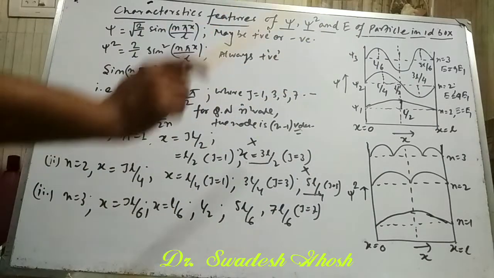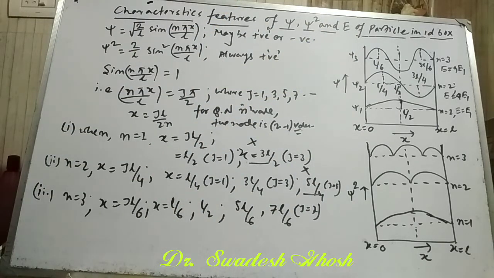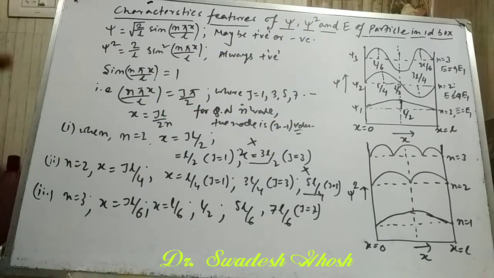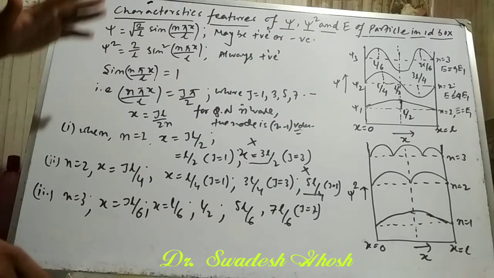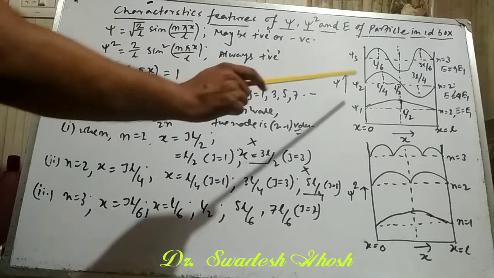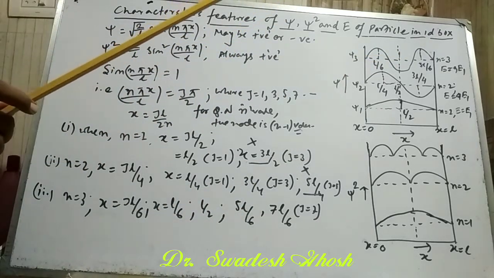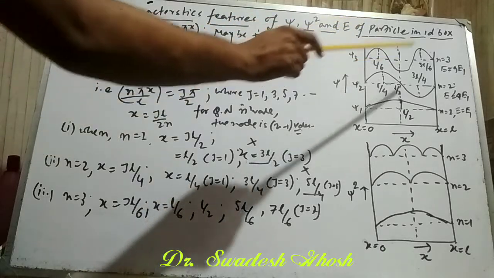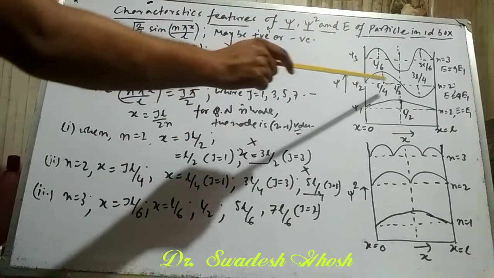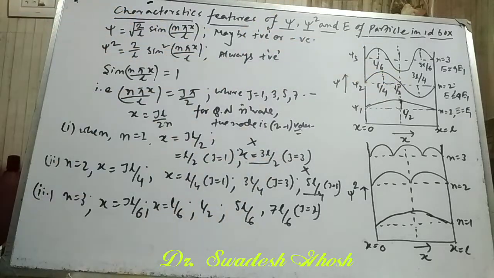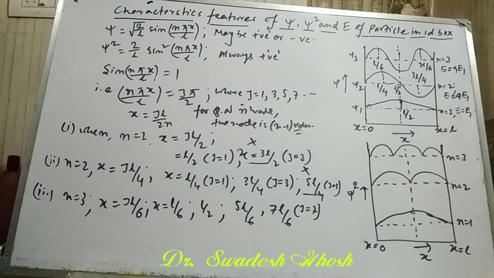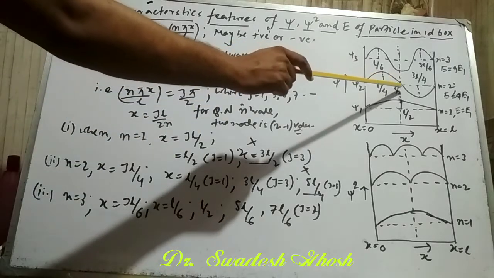It can be rationalized if it is assumed that the particle behaves as a wave over the entire space. If the particle is considered as a particle, then it would not be possible. For n equal to 2, the node is generated at the point of L by 2, that means at this point the electron density is 0.